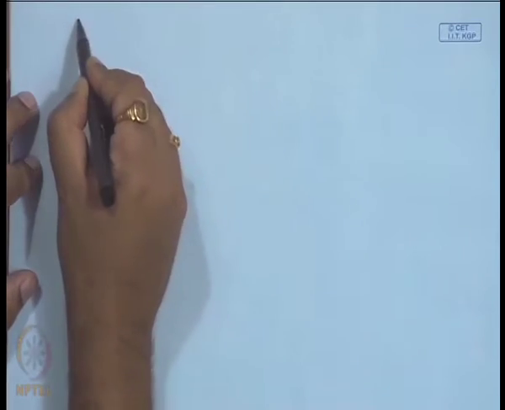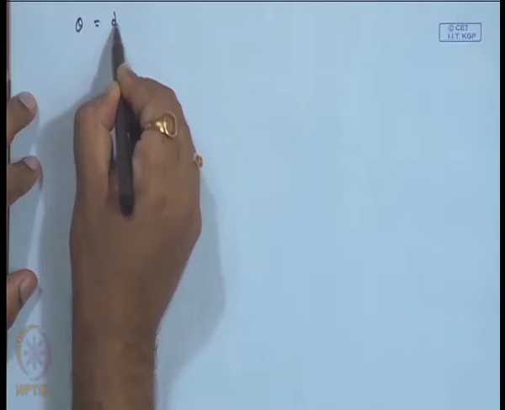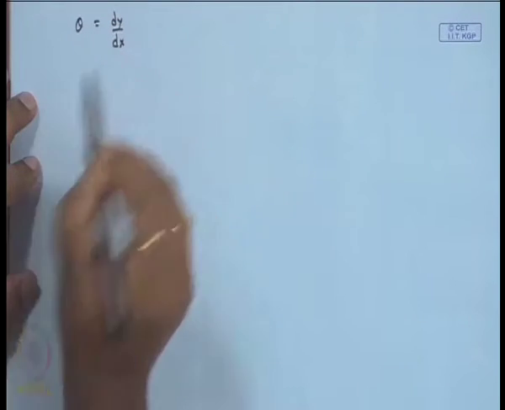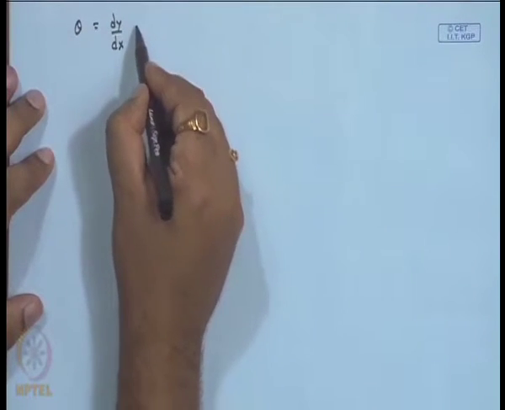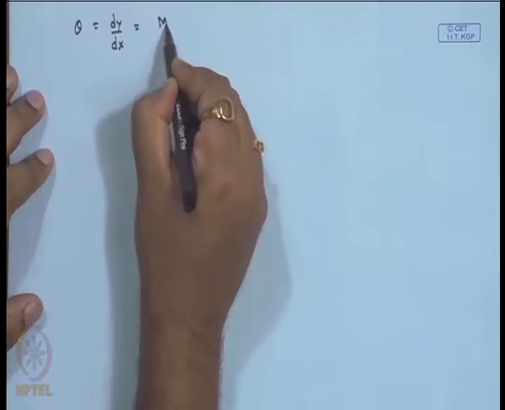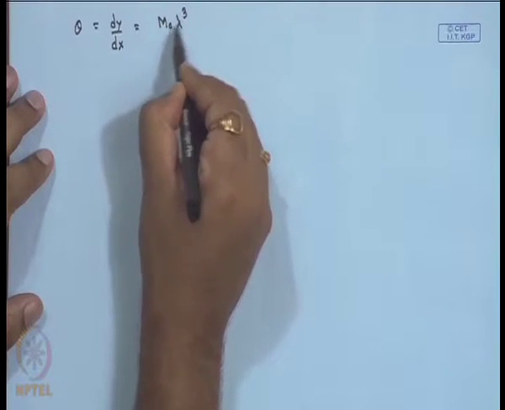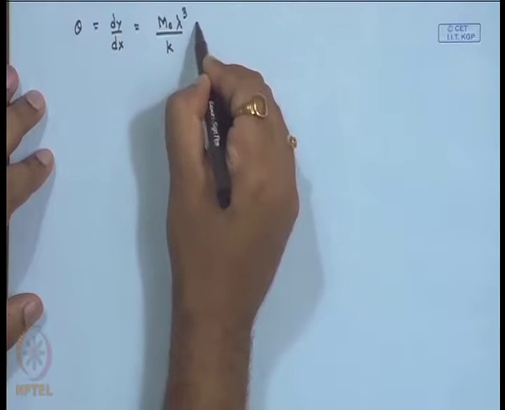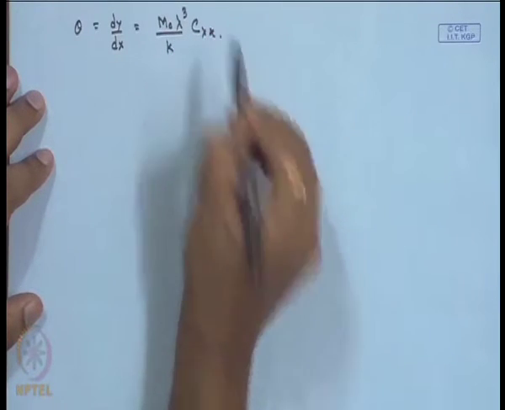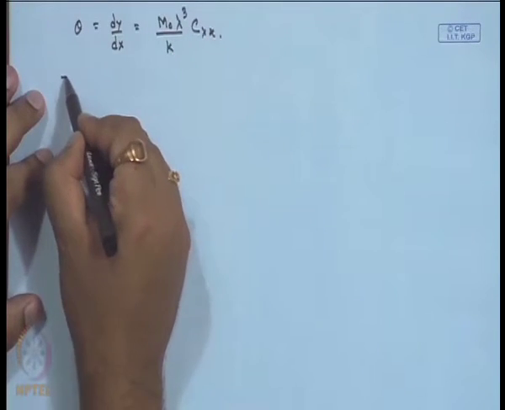So, next one we have to determine the slope, the expression of the slope that we know that this will be theta is the slope and that is dy by dx. So, once we do that thing, so this will be m 0 lambda to the power cube by k into c lambda x.